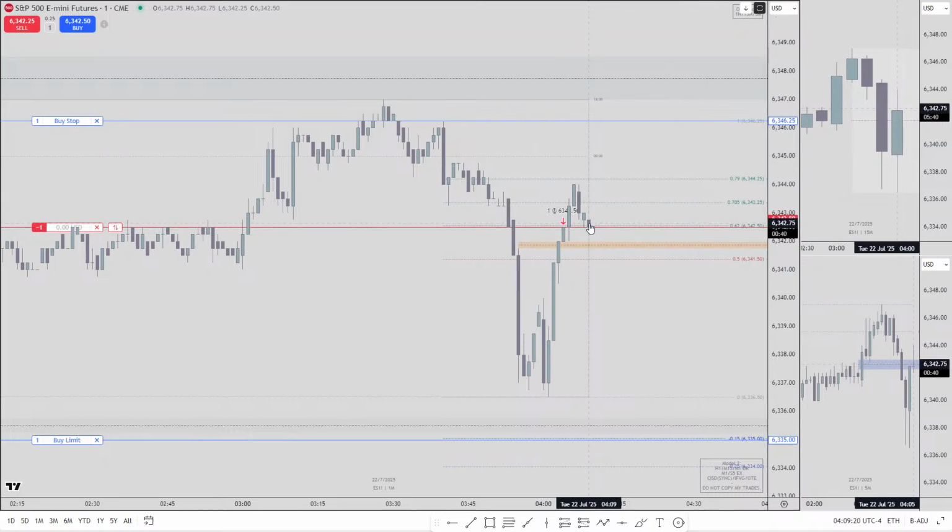So if this candle is also an up close engulfing this one, then the likelihood of me being wrong on this trade idea would be very high.